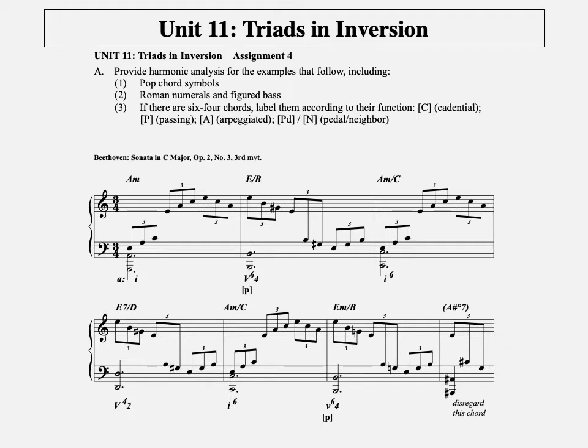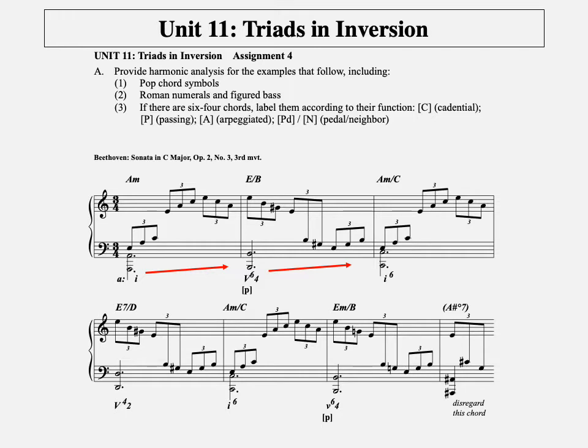This is assignment 4. I've got it projected on the slide for you, and you can see that the chords are written down underneath, so you have a sense of what the answer is for the Roman numerals and the pop chords. To talk a little bit more about it, that first second inversion chord, the E chord with B in the bass, is a 6-4 chord in the key of A minor, and it's a passing 6-4 chord.